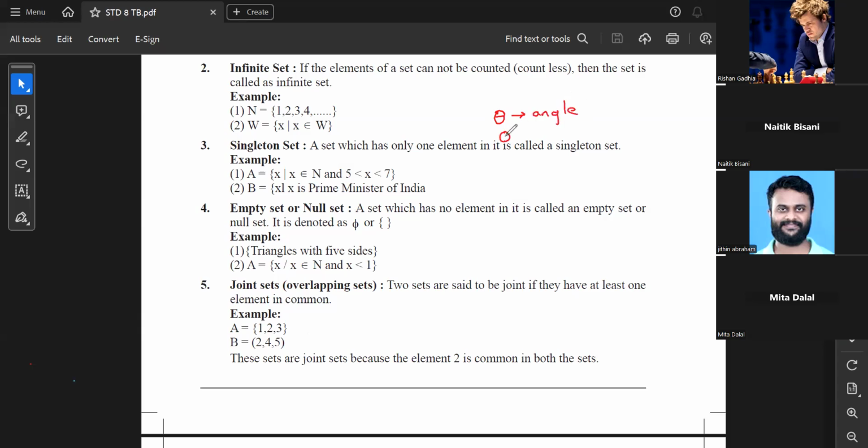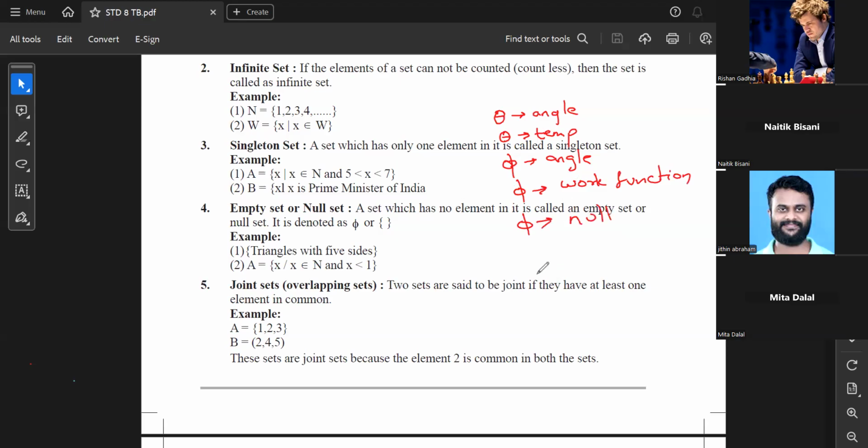In higher classes, you will learn that theta is also used for temperature. Similarly, phi is used for angle. It is used for work function, which you will be learning in the higher grade. It is also used for the null set.